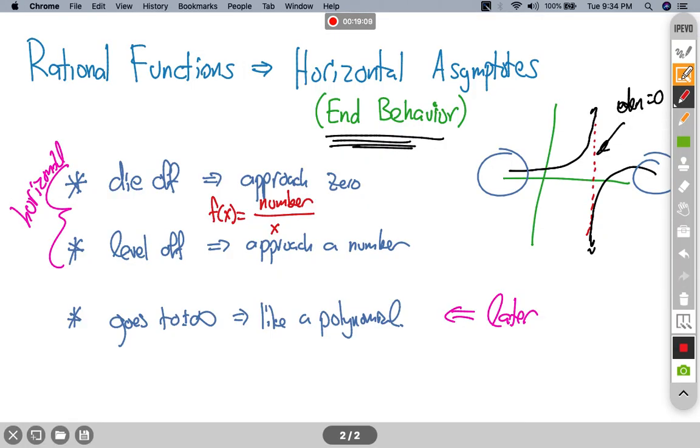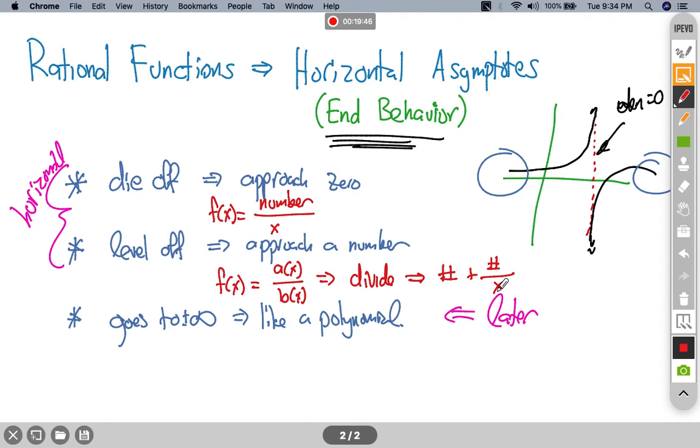So coming back to this, it's going to level off or approach a number. If we have a function f of x, we need an a of x on the top and a b of x on the bottom. We're going to try to see what's happening, and we're going to divide this out so that it gives us a number plus a number over my x.